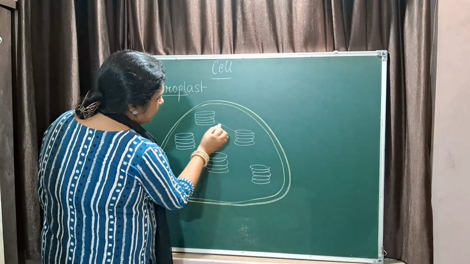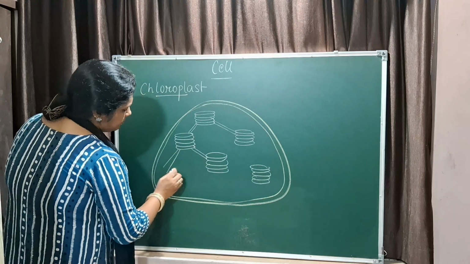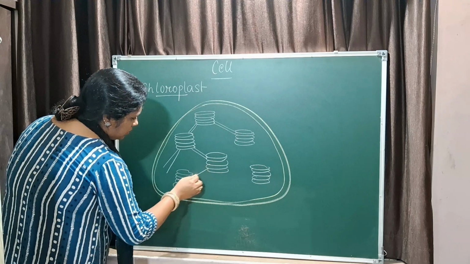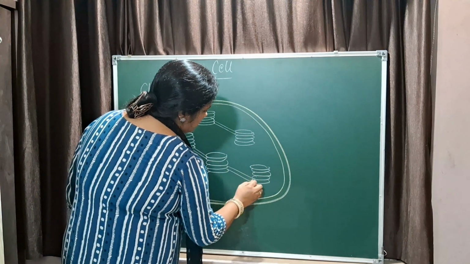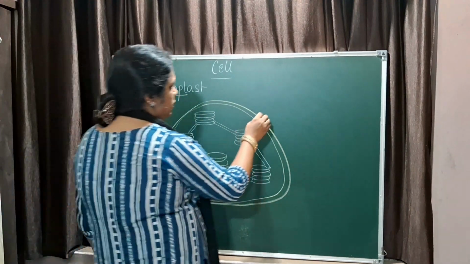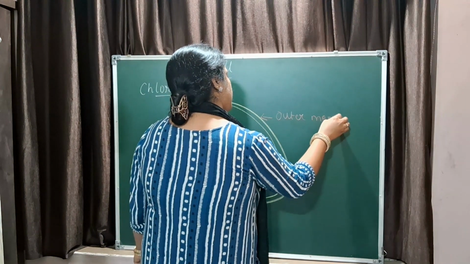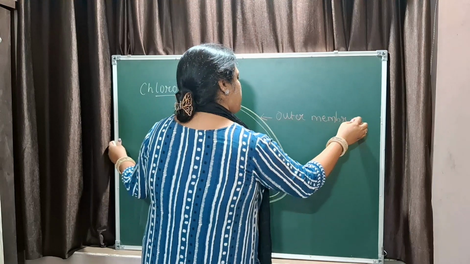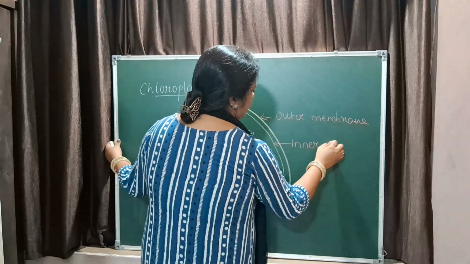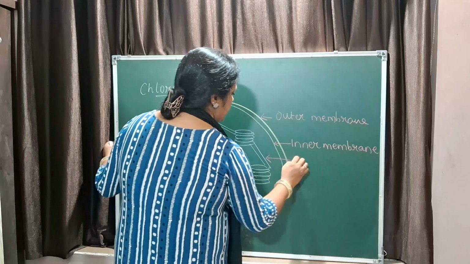Okay, so you have got the granum, and they are connected by tube-like structures which are called frets. Now to label them, you have the outer membrane here also, the inner membrane, and you have got frets.